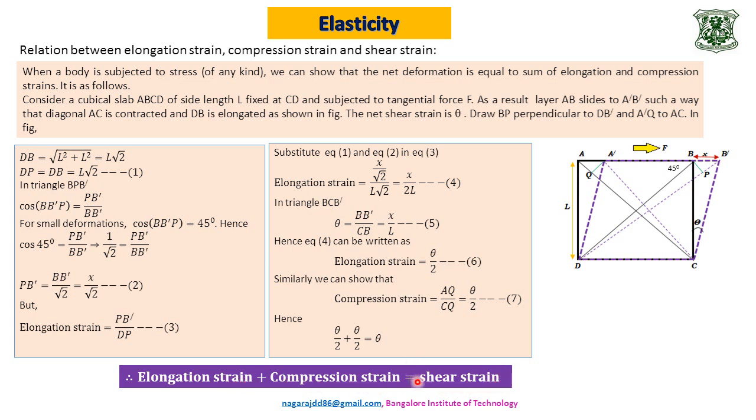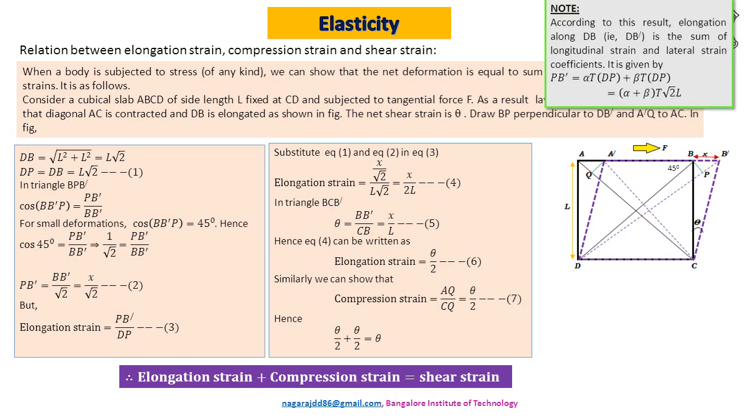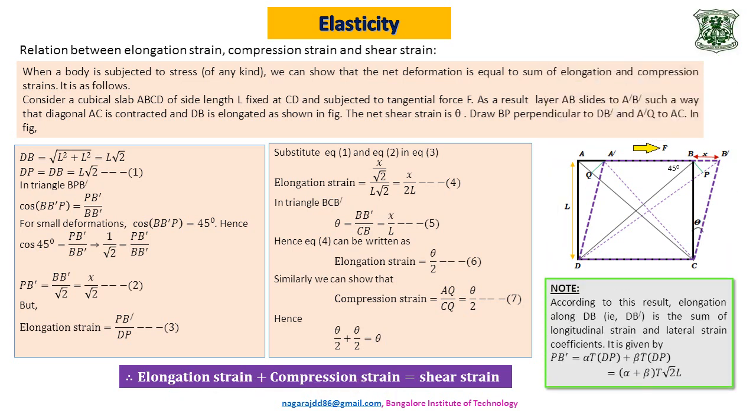So whatever the net deformation takes place, it must be the combined effect of elongation and compression. So from this derivation we can make one conclusion: the net variation, that is PB dash, or even AQ also, is the combined effect of elongation coefficient, that is alpha, and compression coefficient, that is beta.